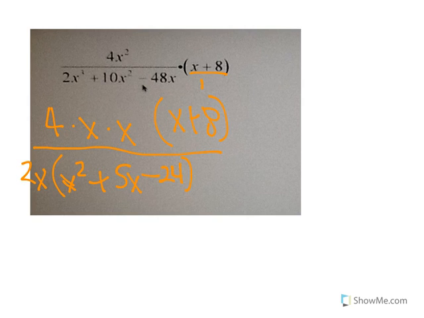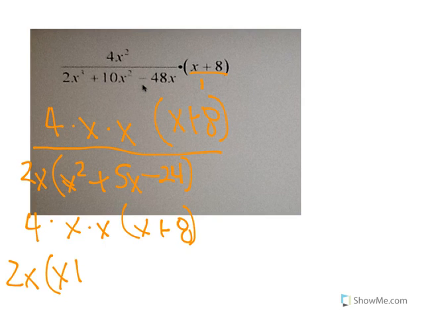Okay, so now let's see what I can do with that. On the top, it's still going to be 4x and x plus 8. And on the bottom, it's going to be 2x, and x plus 8, and x minus 3. So what can I cancel out here?